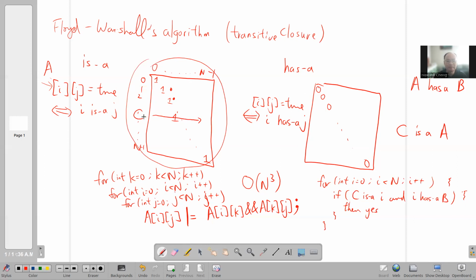You have to say C is a something, and then that something has a B. So altogether, you do n cubed work to pre-process the data. If somebody asks you is A, then it's very fast to answer. You just look up the table, constant time. If somebody asks you has A, then you have to do a loop, big O of n, which is not that bad. Okay, so that takes care of this one.